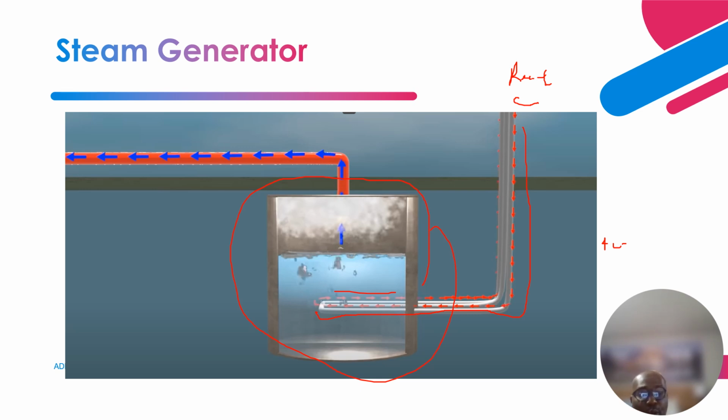The thermal energy embedded in the water being transferred from the reactor containment building is taken by the water in the steam generator, and from there it creates basically a dry steam, and that steam is piped to the steam turbine.